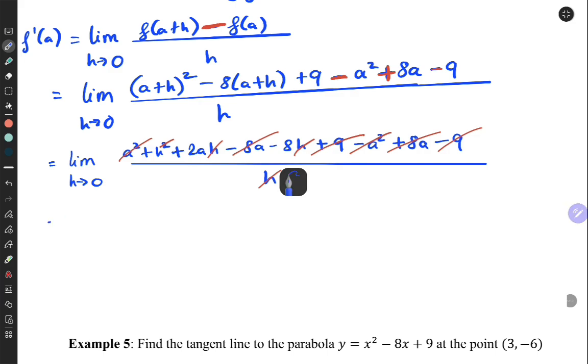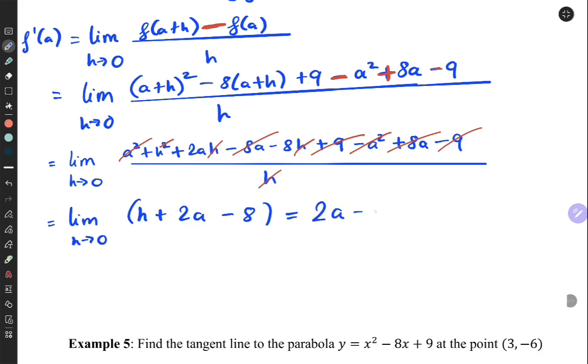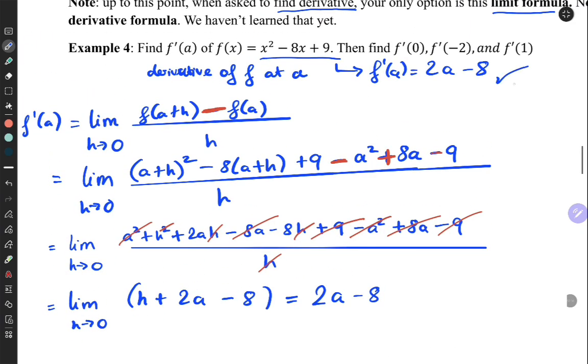So that's just the limit as h approaches 0 of h plus 2a minus 8. Right. This h, that's 2a, this negative 8. Everything else gets cancelled. Plug in 0, now I'm able to plug in 0. The goal is that h is gone. The goal is eliminating this h, it's gone. 0 right here, 2a minus 8. There you go. Check. All right.